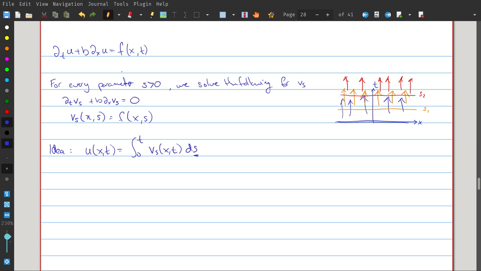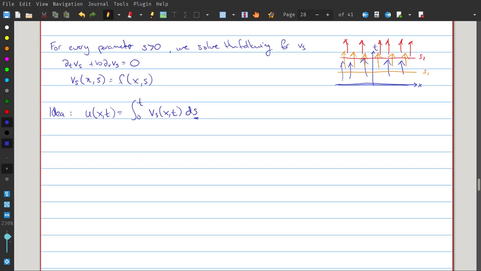So it's like you're giving it initially and letting it go on, but then at the very next time you also give it something extra and let it go on, and then you give it something extra again and let it proceed according to the partial differential equation. And so you add up all these contributions, and you should get the solution to the inhomogeneous equation.